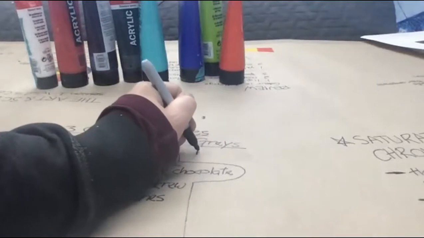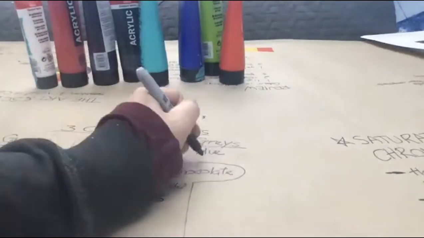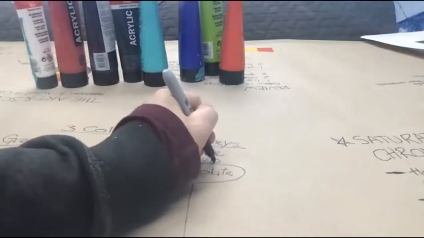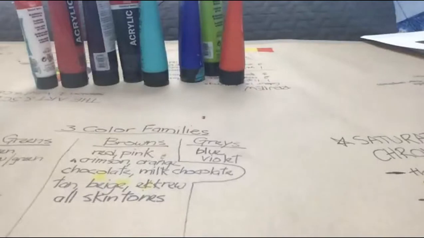Grays include things like blue. They also include violet, which, as we talked about, violet is not the mix of red and blue. Violet is the extreme end. It is the last color your eye can see before it can no longer see blue. It's at the very edge of your perception.